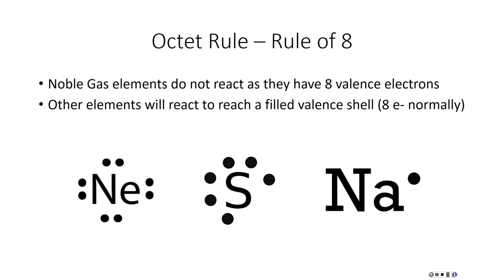Potassium, on the other hand, has 1 valence electron, so it can either give up 1 or bring in 7. In that case, it's going to give up 1. So it gives up 1 to the surroundings, removing its 1 valence electron and picking up a +1 charge.